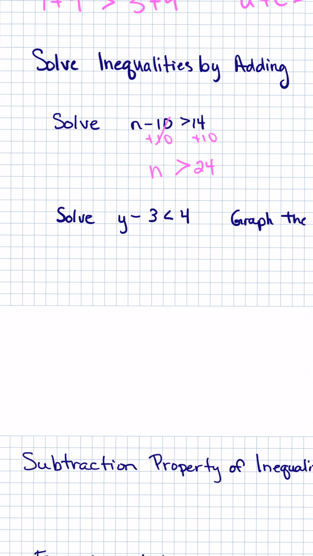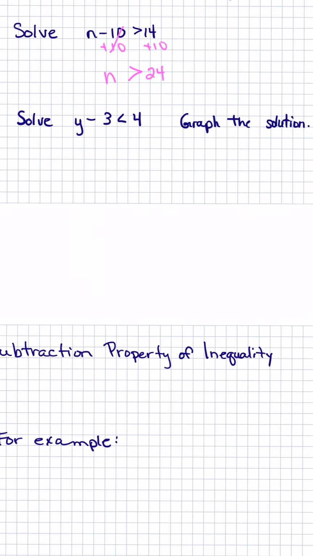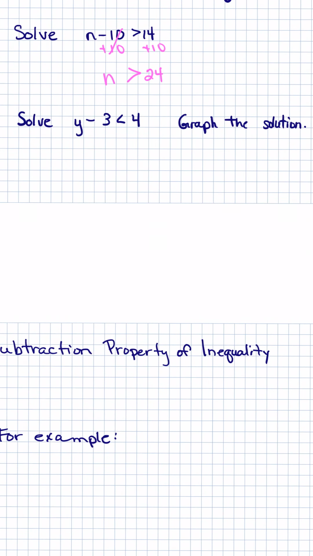Let's try another. This time they want us to graph the solution. So y minus 3 is less than 4. To get rid of the minus 3, we're going to do the opposite. It's being subtracted, so we're going to add 3 to both sides. You have y is less than 7.